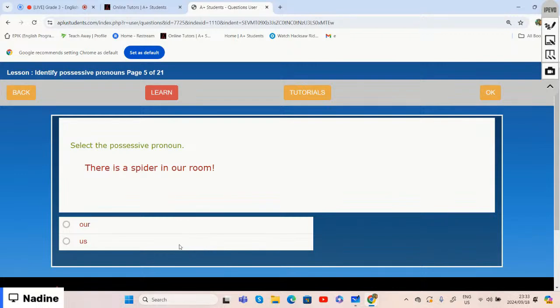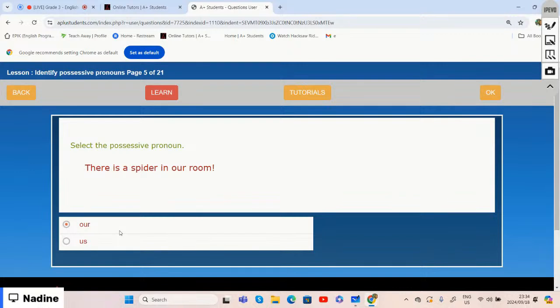So yeah, it says there is a spider in our room. All right, so if we say there's a spider in our room, then yes, our shows that spider.